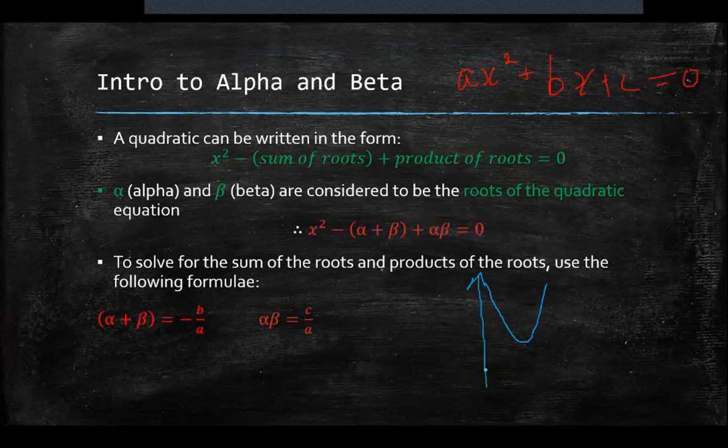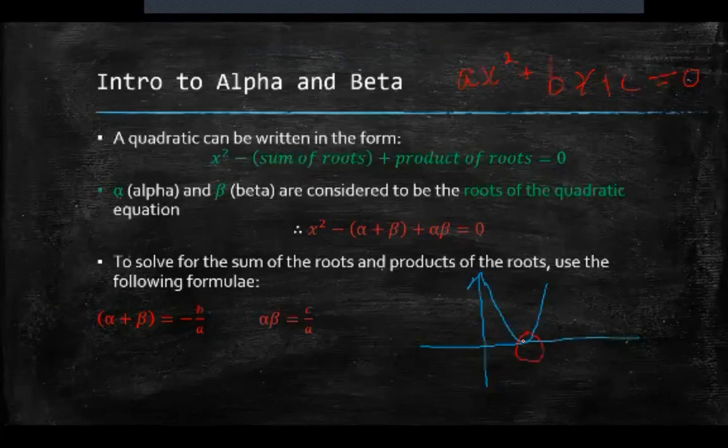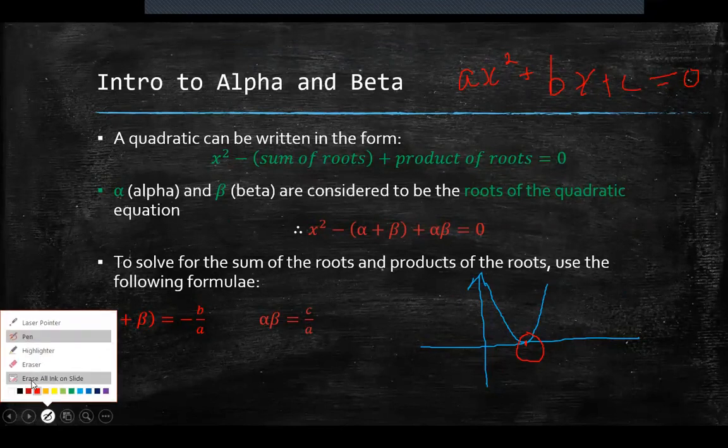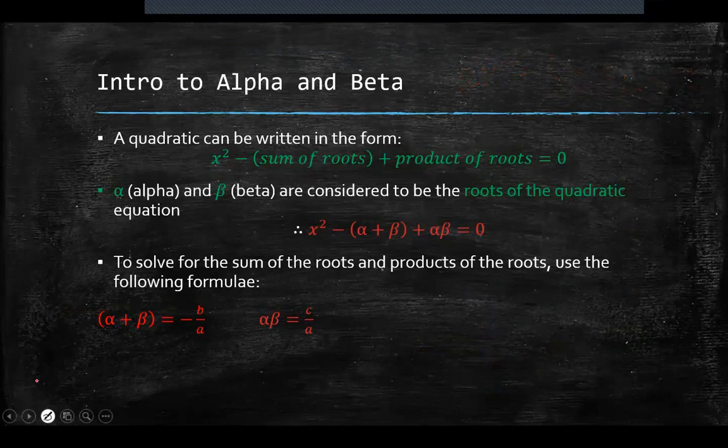This is my y-axis, and this is my x-axis. Wherever the curve touches the x-axis is called a root. So in this case, this little dot here, that point would be called a root. Like I said, look at the PowerPoint before, because I can't go through all of that right now.